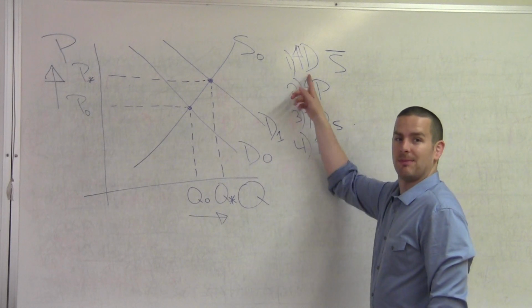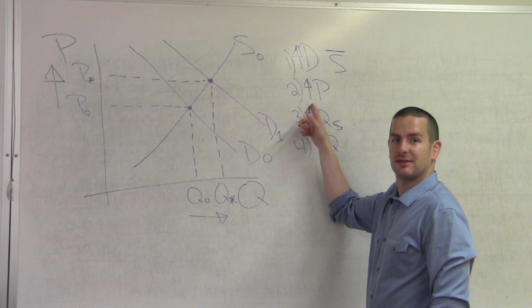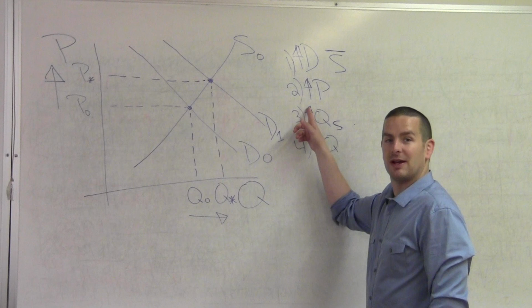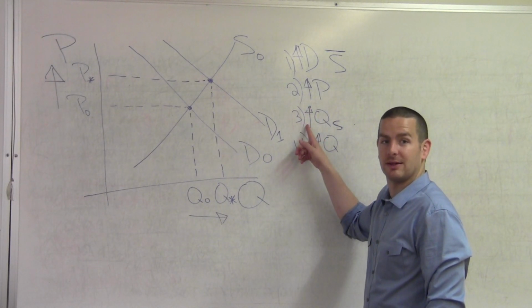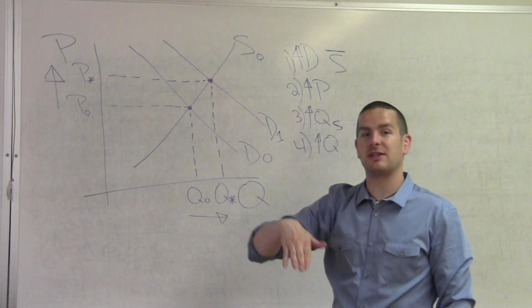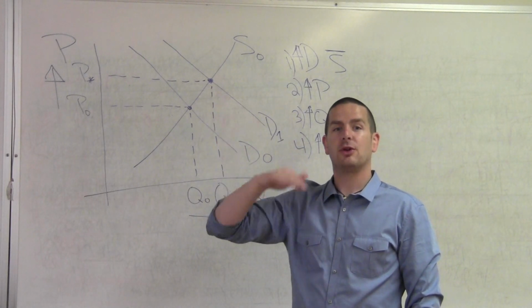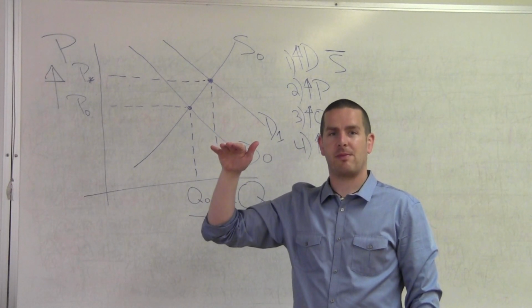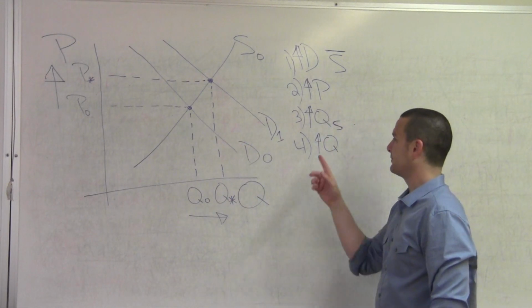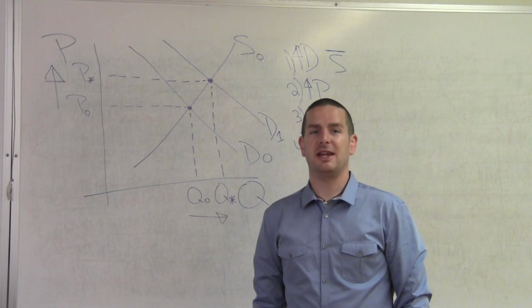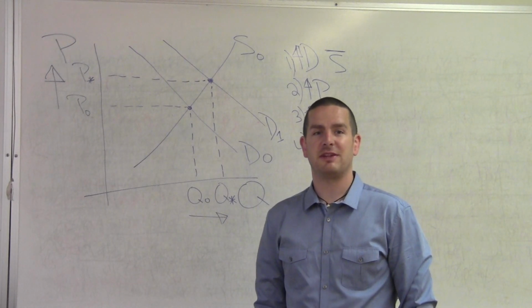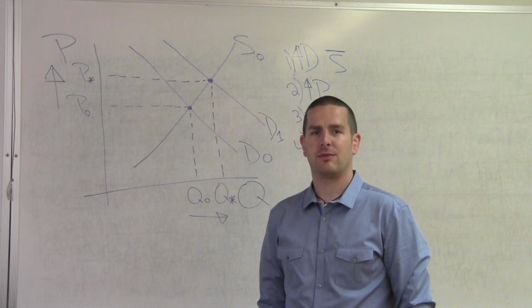When demand went up, that would increase prices. As prices go up, that will increase the quantity supplied, right? The law of supply. As prices go up, quantity supplied goes up. Finally, step 4 tells us that there will be an increase in the overall level of economic output. Okay?